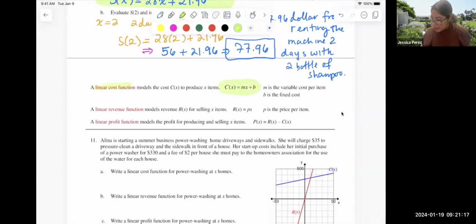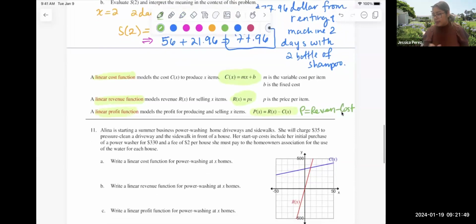There's a linear revenue function that's represented by R of x equals p times x, where p is the price per item and x is the number of items. And then there's the linear profit, which is also represented by a linear equation: profit is revenue minus the cost. And we know the cost function and we know the revenue function.